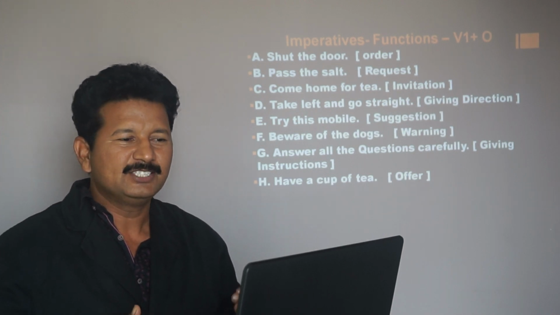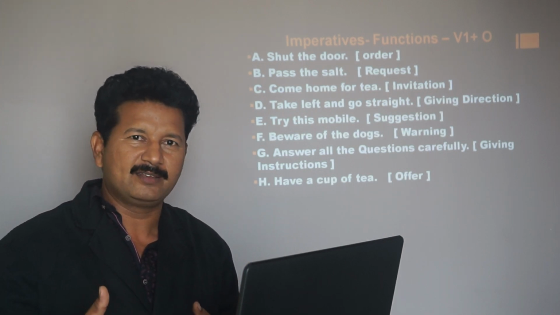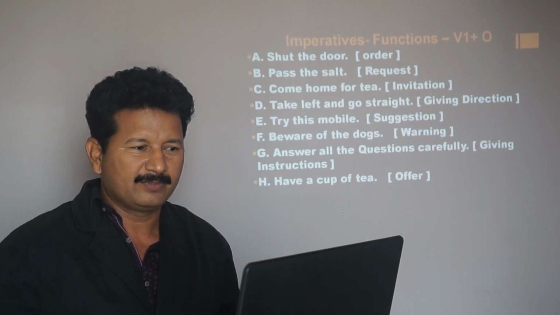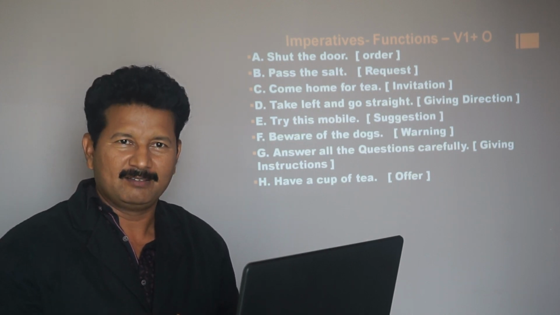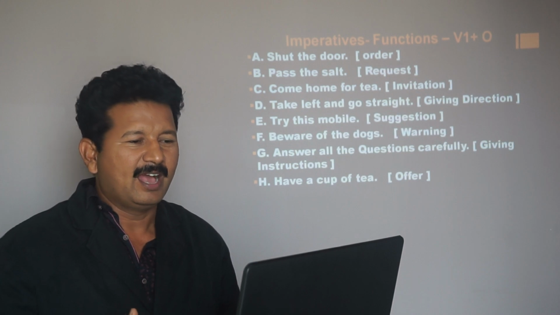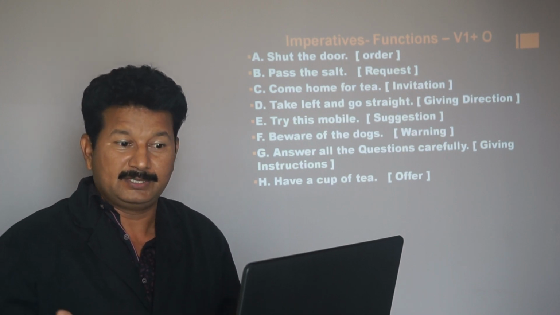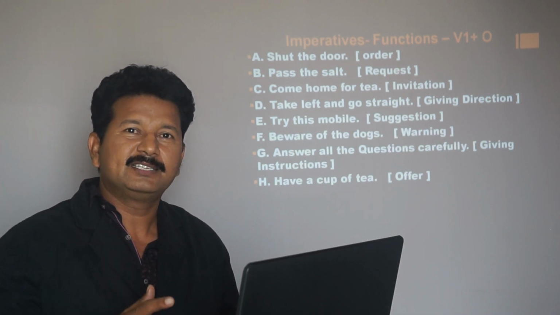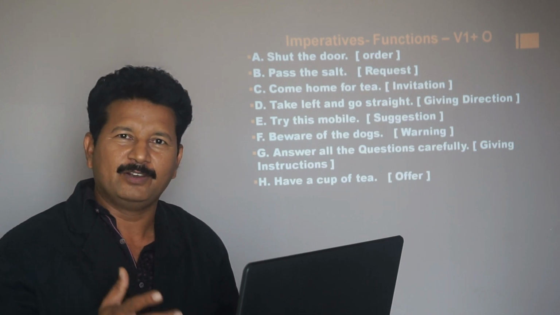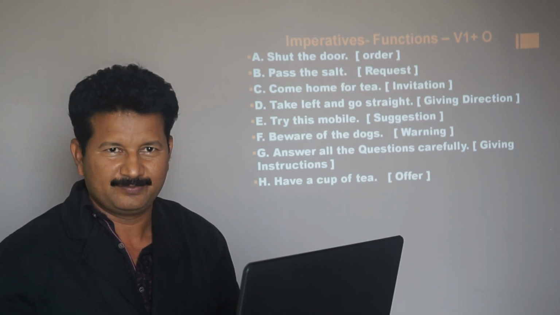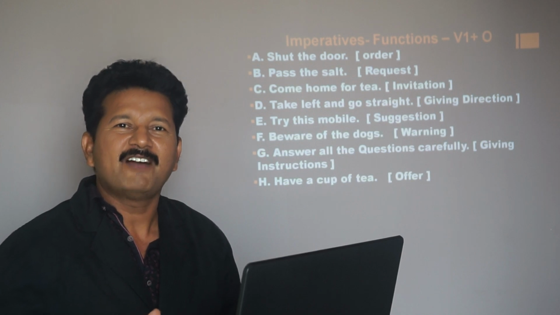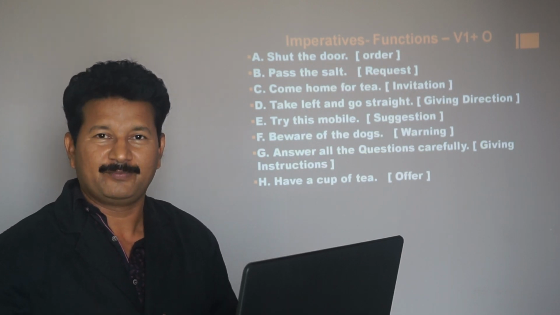And if I say take left and go straight, it's giving direction. And try this mobile, it's a suggestion. And beware of dogs, it's a warning. And answer all the questions carefully, it is giving instructions. And if I say have a cup of tea, it's an offer.